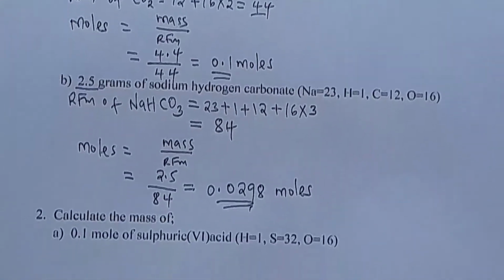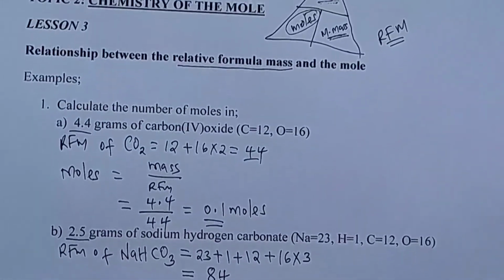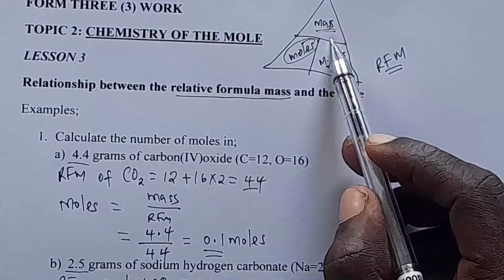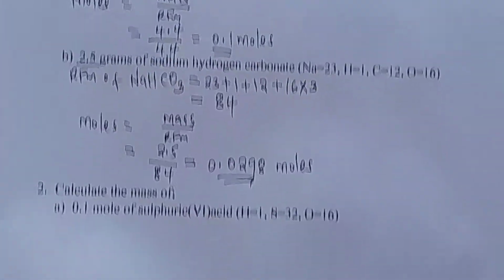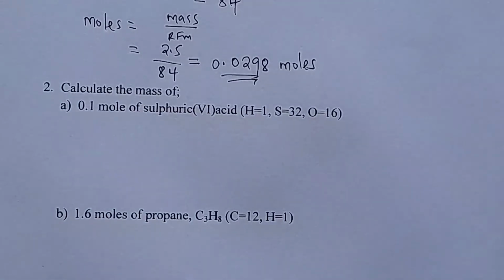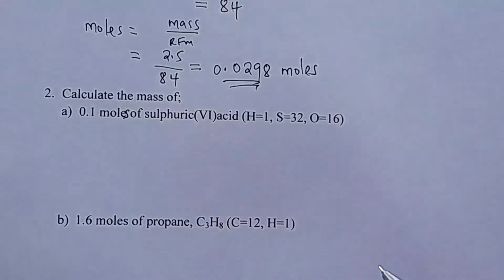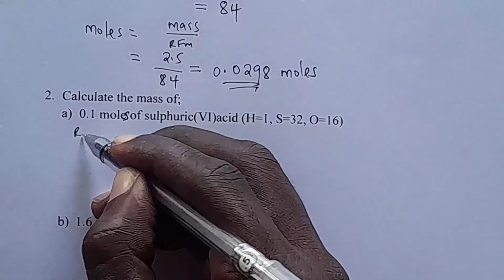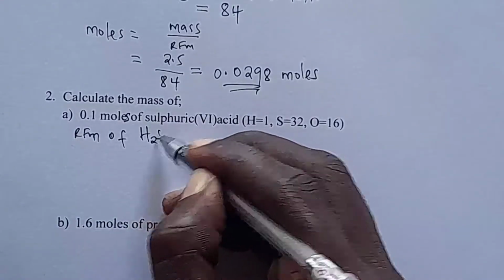So next, we are told calculate the mass. Using the triangular formula, mass can be given by moles multiplied by molar mass, or the RFM. So let's try to calculate the mass of 0.1 moles of sulfuric acid. I have to get the RFM of sulfuric acid first of all.